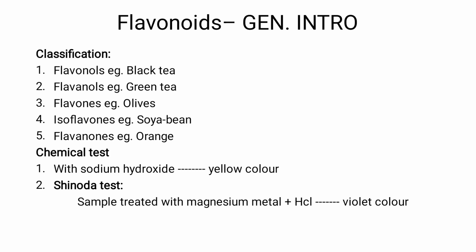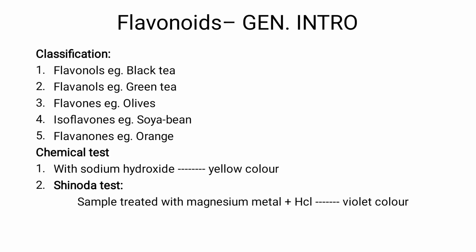And how to identify these flavonoids: in general, these flavonoids give yellow color when sodium hydroxide is added. So with sodium hydroxide, flavonoids will give yellow color. But we cannot exactly identify flavonoids using this test. And we can confirm flavonoid just by doing the Shinoda test.